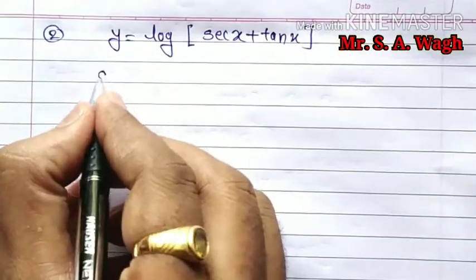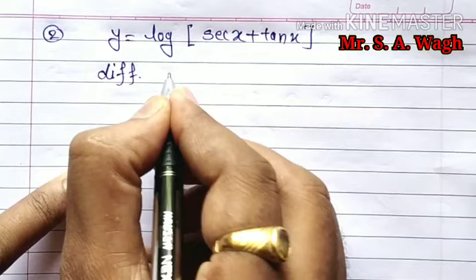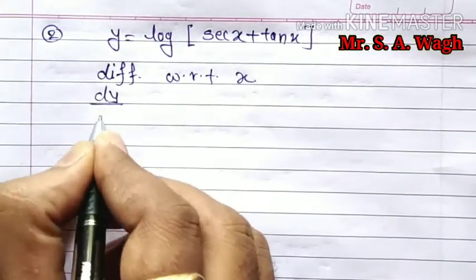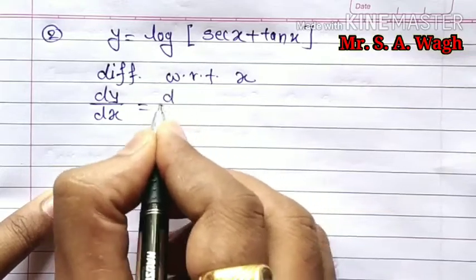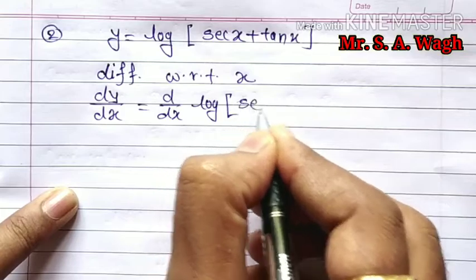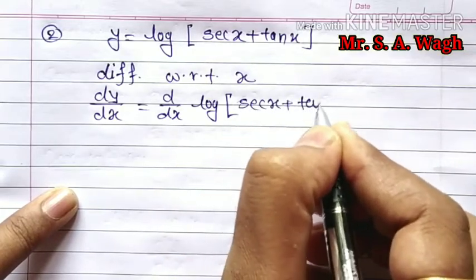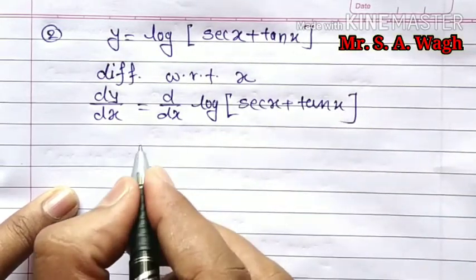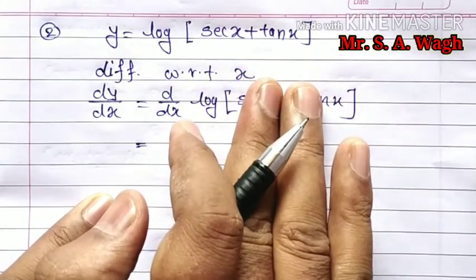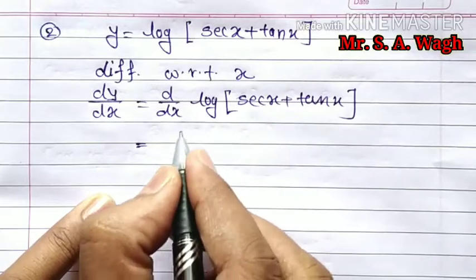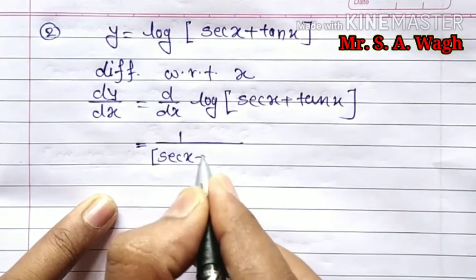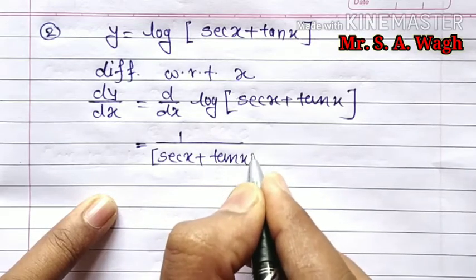We differentiate this with respect to x, and we get dy by dx on one side and d by dx of log of sec x plus tan x on the other. Now the derivative of log, considering this total bracket as x, is 1 by x, so it is 1 upon sec x plus tan x.